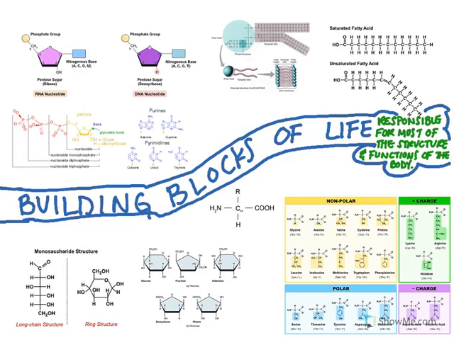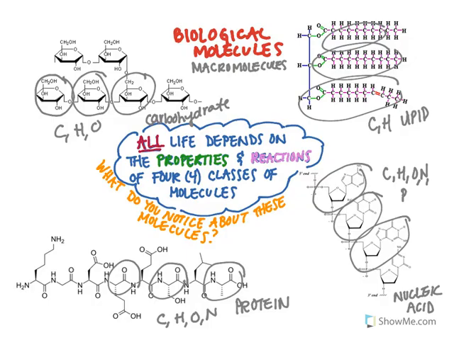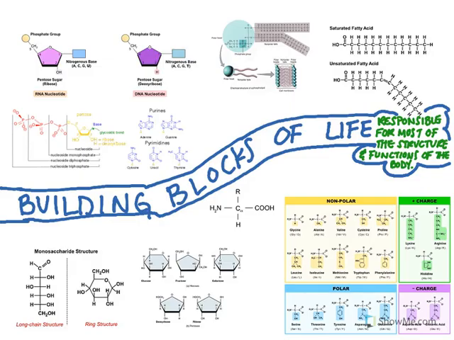Speaking of basic structure, these macromolecules are built, just like we saw over here, out of building blocks. One little unit is bonded together over and over again to make these big, huge macromolecules. That beginning piece, the building block, is called a monomer.